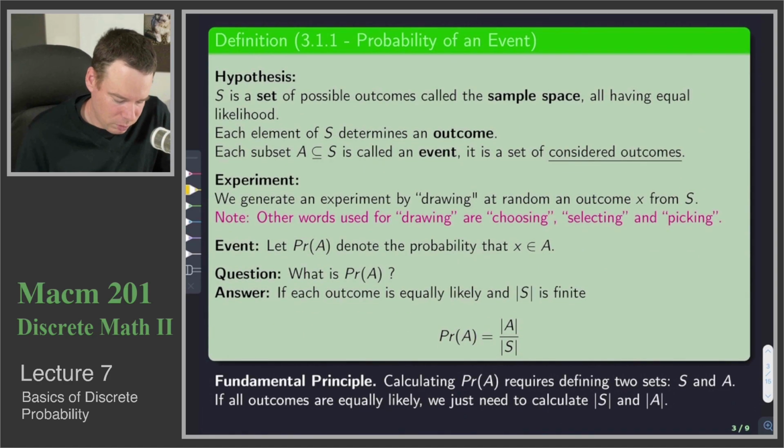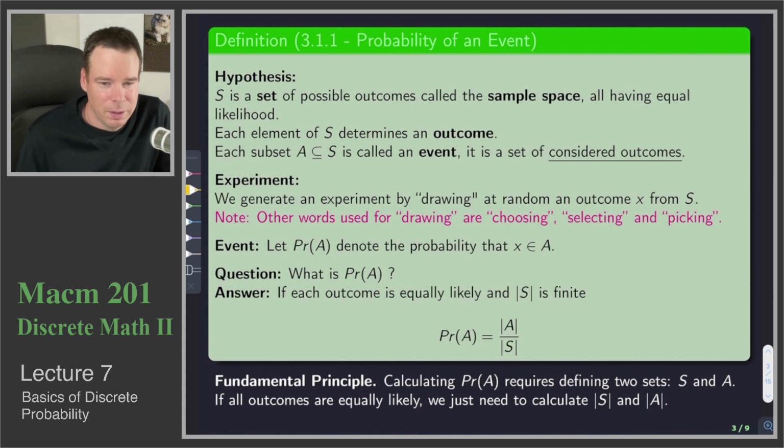So let's introduce some of these terms again in a more formal way. So here are all the terms we've just talked about. S is a set of possible outcomes. It's called the sample space. And we're going to assume, at least initially, that all elements of the sample space have equal likelihood. That means, in the case of our binary strings, it was equally likely that any of those strings could have been chosen.